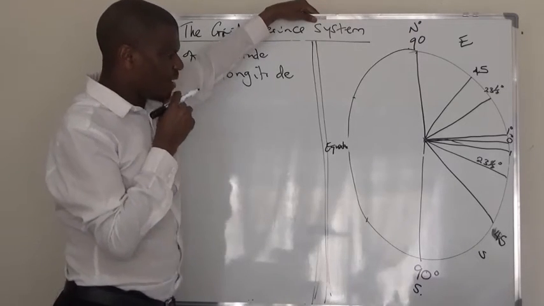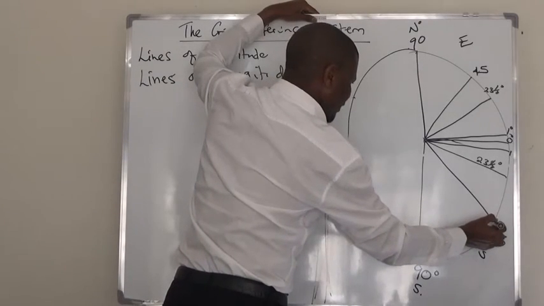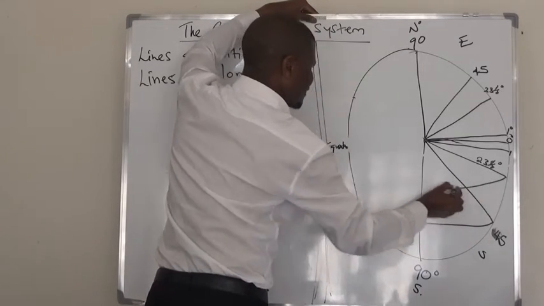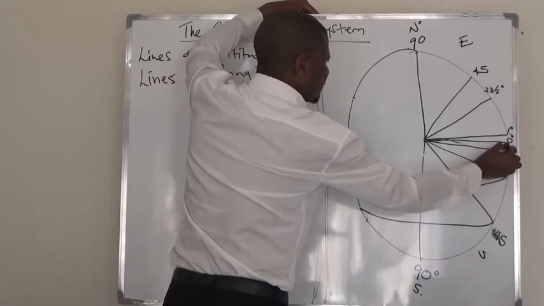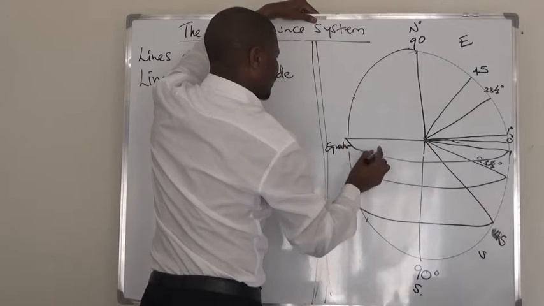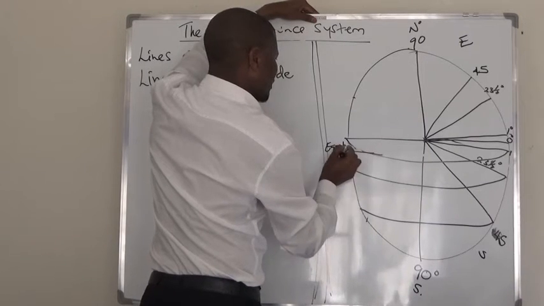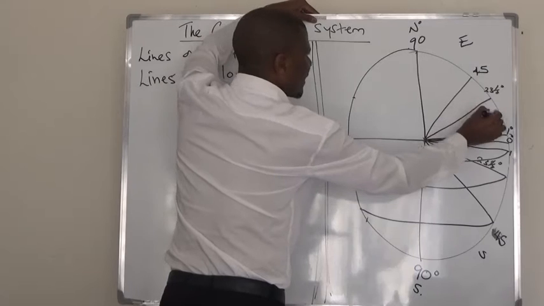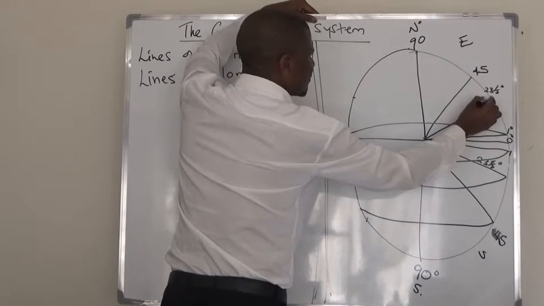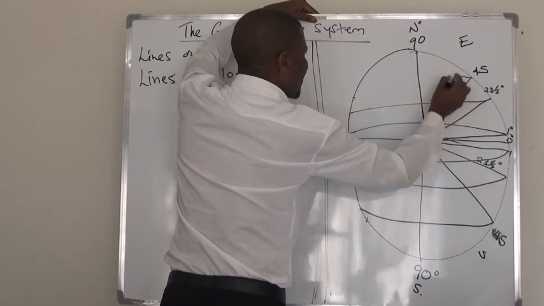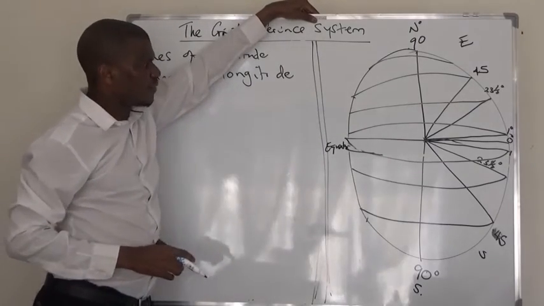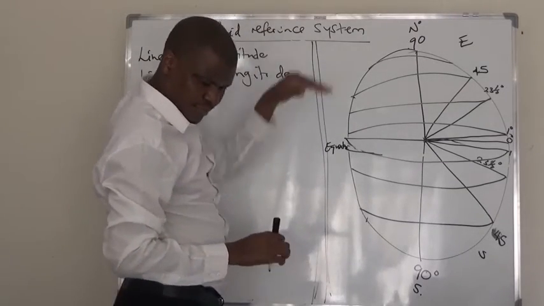So what then happened was they drew horizontal lines, something like that. Then the same would happen there, and then like that.